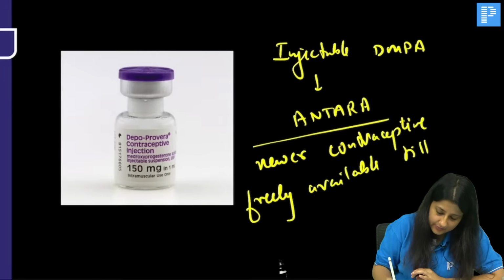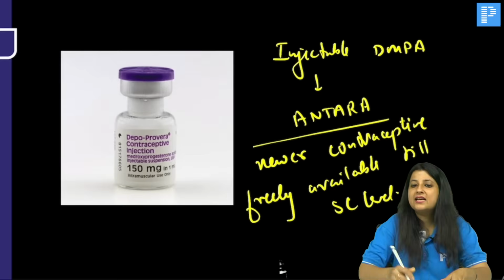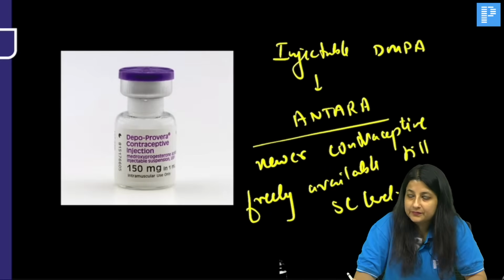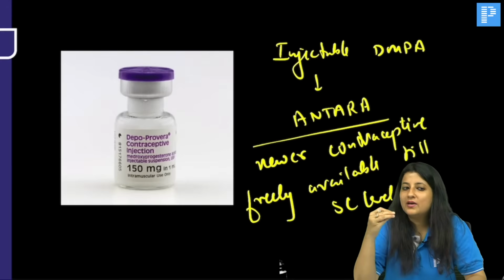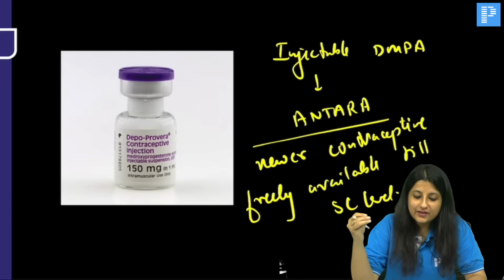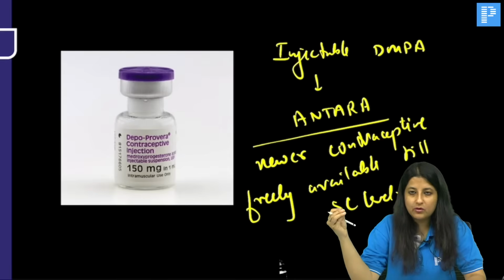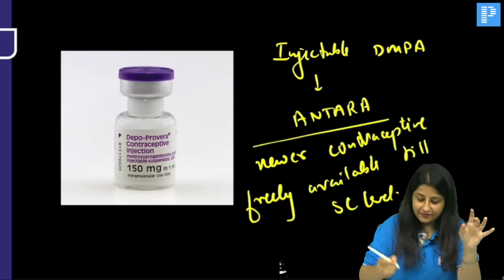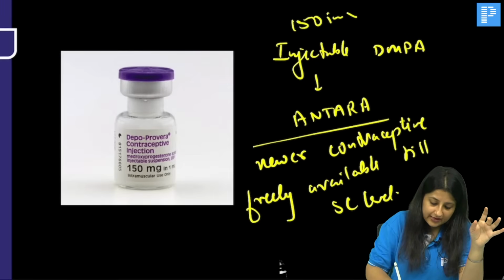Freely available till subcenter level. Which is the other contraceptive freely available till subcenter level? Two friends walking hand in hand: one is Antara, and what is the name of her other friend? Antara is an injection, 150 milligram intramuscular every 3 months.